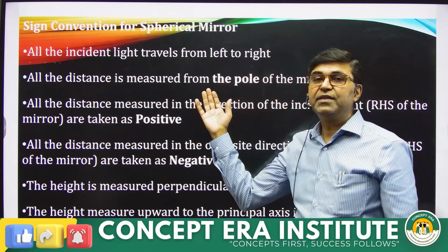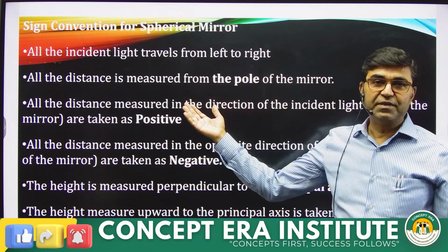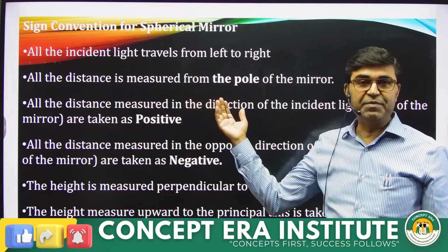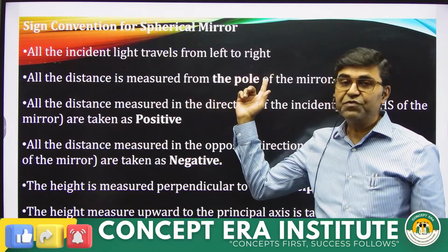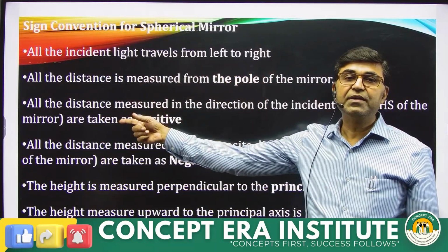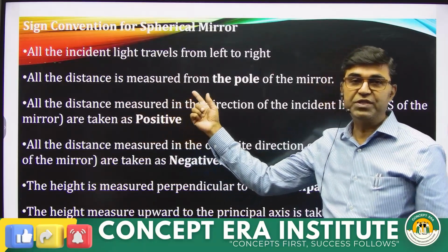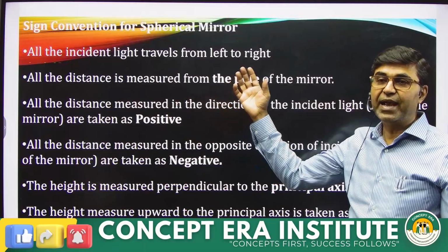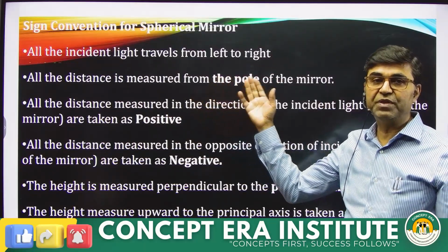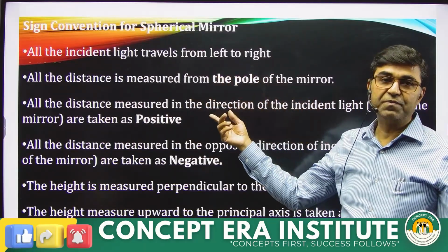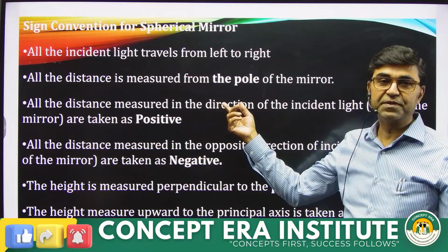You know that when there is an object and a mirror, then there is an image. The distance of the object from the mirror is known as u. U is the object distance, and the distance of the image formed from the mirror is known as v. So v is the image distance.